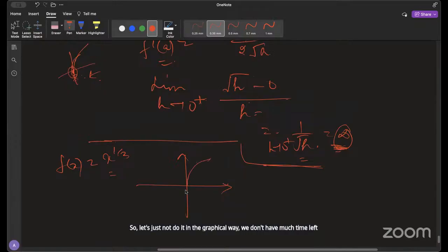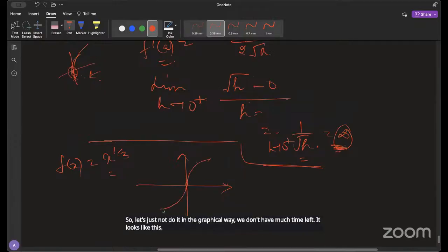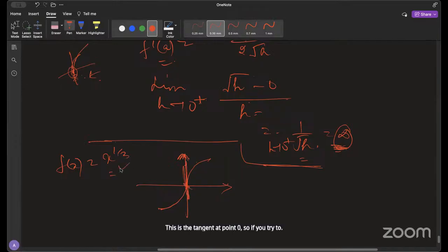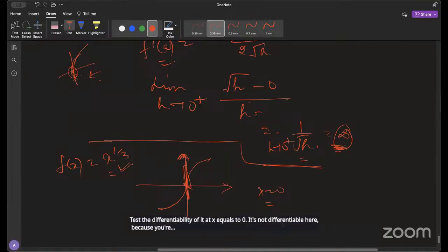It looks like this. If you look at this, this is the tangent at point 0. If you try to test the differentiability of it at x equals to 0, it's not differentiable here because this thing becomes infinity.